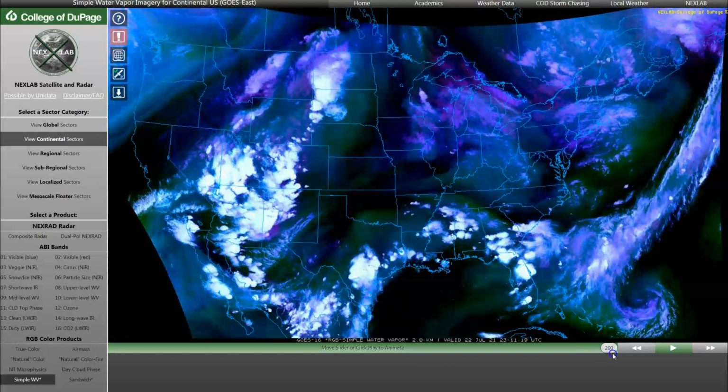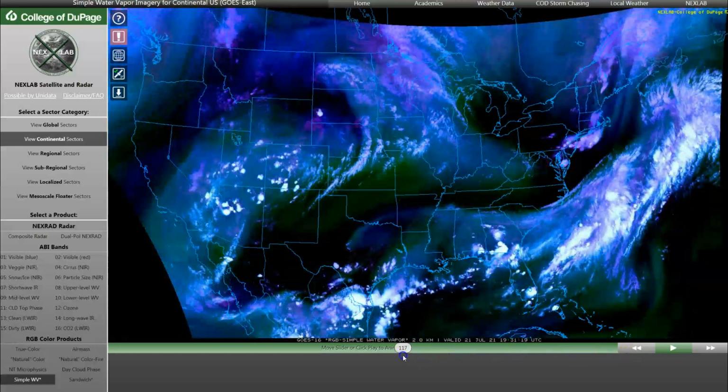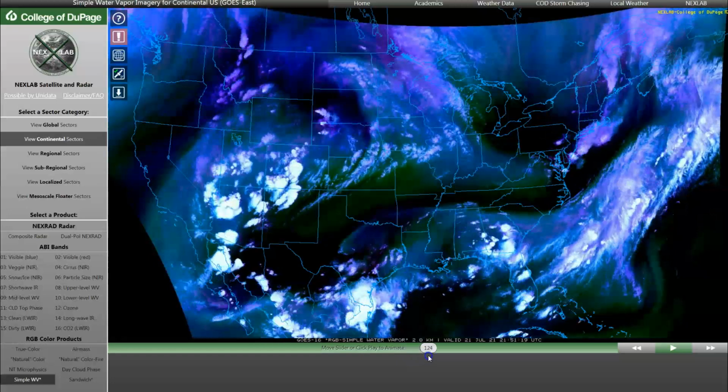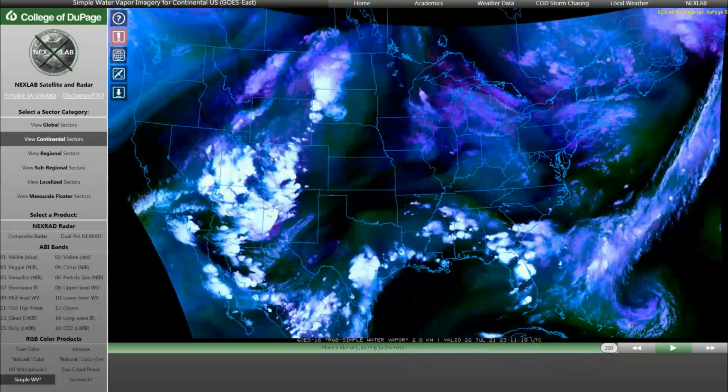So, from a meteorological standpoint, meteorologists, we look at areas in the water vapor channel where there's moisture trapped, jet stream structure. We can see all levels of the atmosphere by looking at the simple water vapor and also looking at the low-level water vapor, the upper-level water vapor, and the mid-level water vapor and shortwave imagery to determine what's going to happen.